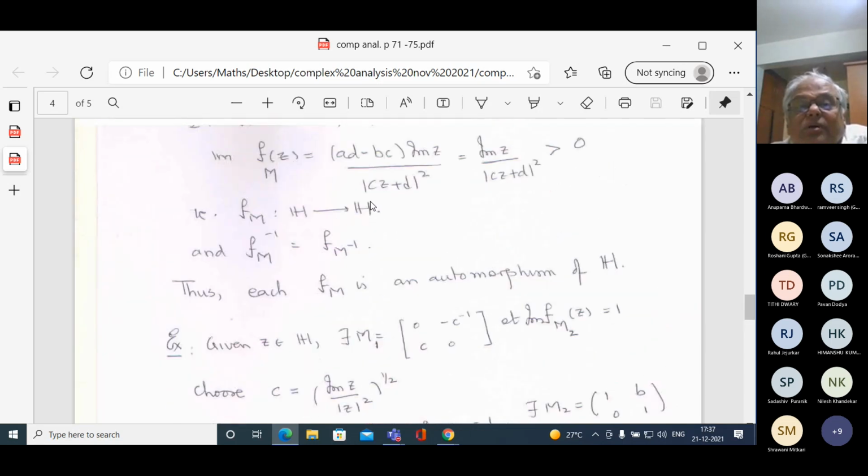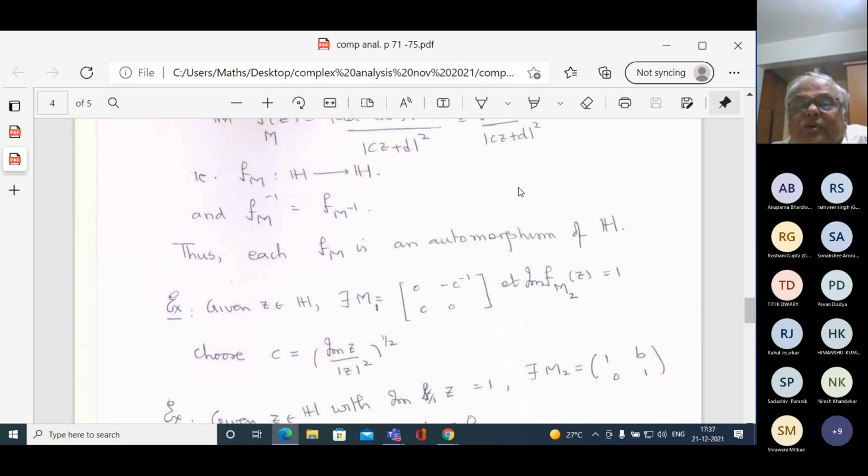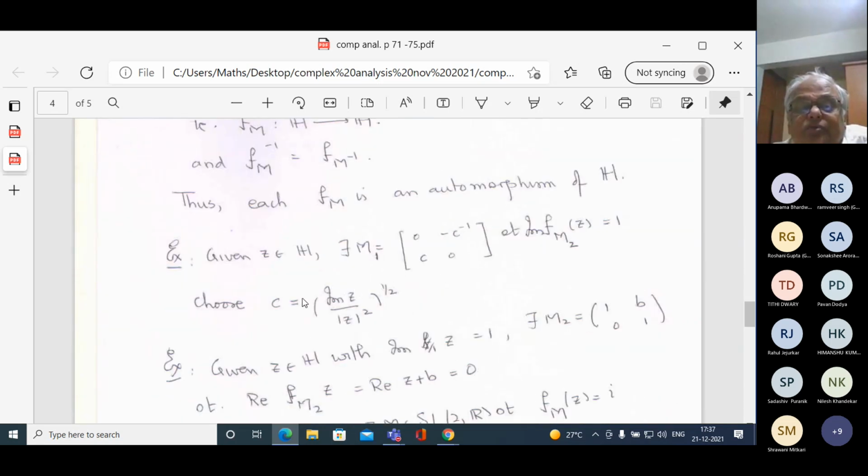Plug it into this formula. a and d are equal to 0 and bc is equal to 1. So it's of that kind, and this is the imaginary part of z over |cz|, squared, and I'm choosing c to be this. So the imaginary part of F_M1 of z is equal to 1.